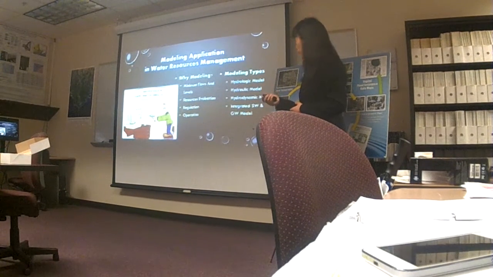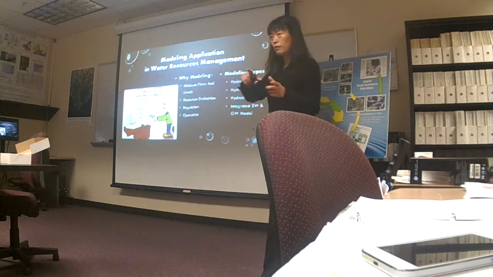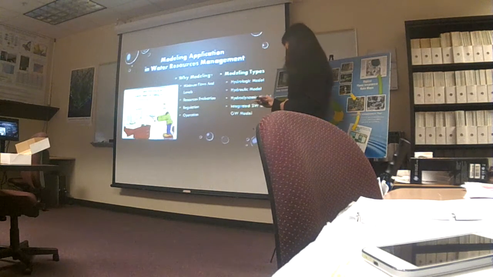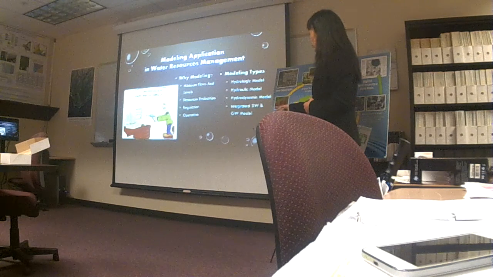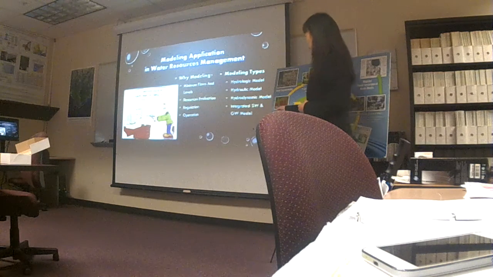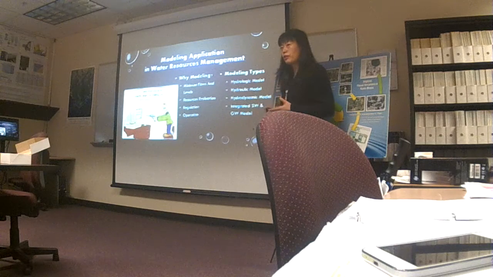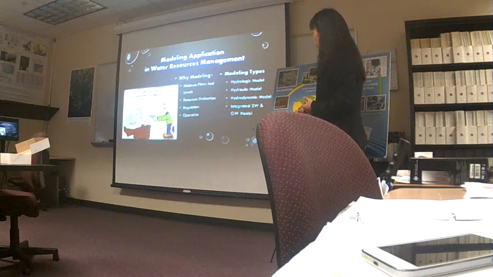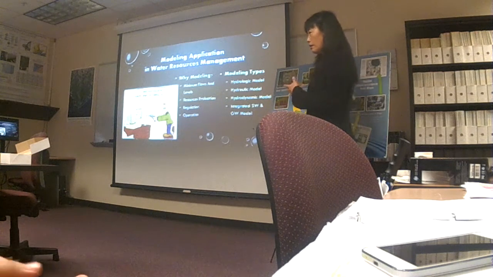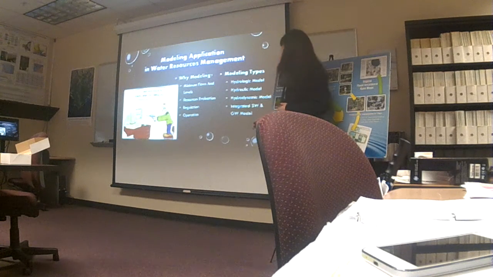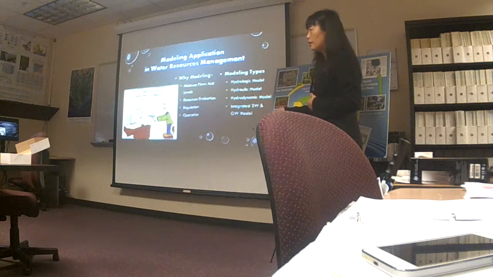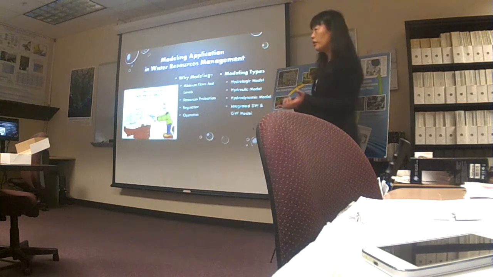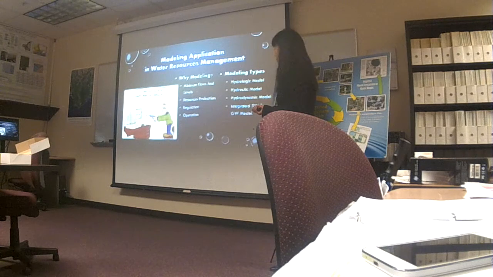The Florida legislature asks each district to create criteria for all water bodies. For each major river our district is still in progress. Some of the rivers, lakes and wetlands already have their minimum flows and levels, but some are still undergoing. So that's the concept of minimum flows and levels.